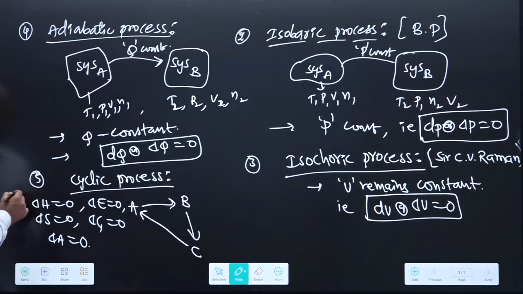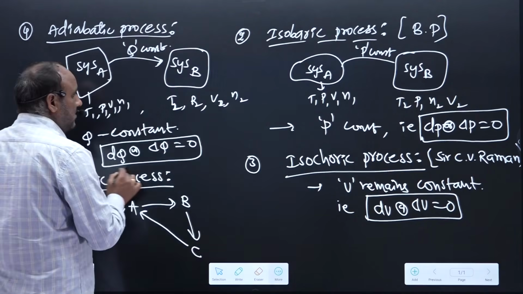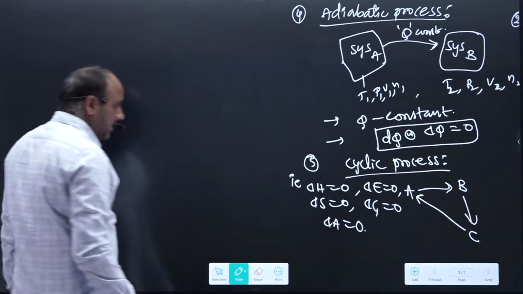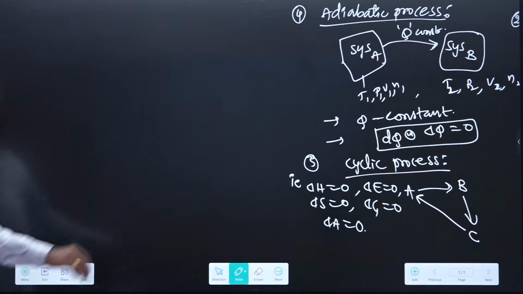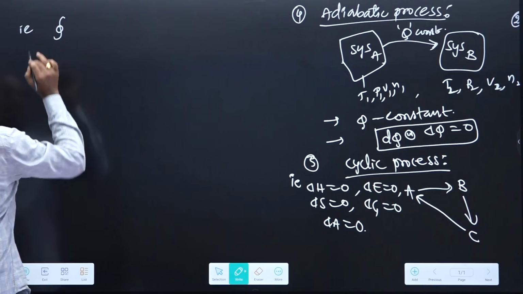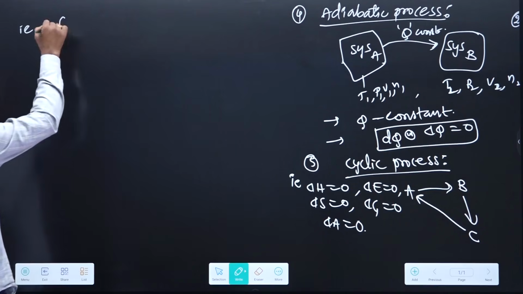So delta H, delta E, delta S, delta G, delta A all will be 0. We even have to represent the symbol of the cyclic process. Do you know the symbol? It is the integral with a circle, the closed integral, which indicates a closed process.